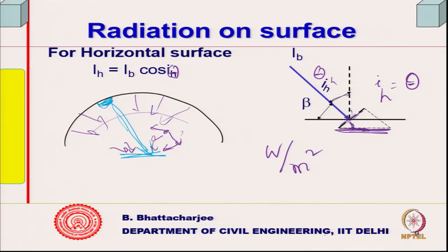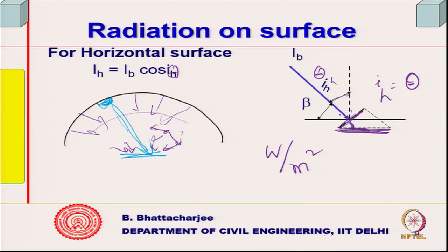So, this angle is again the same. This surface length is the horizontal surface. So, cos of incident angle. It will fall onto a larger area, therefore the intensity will be less.